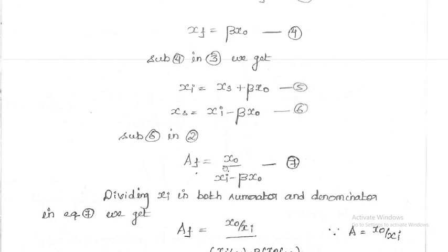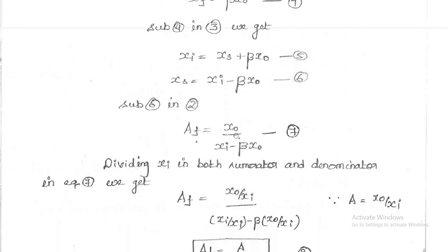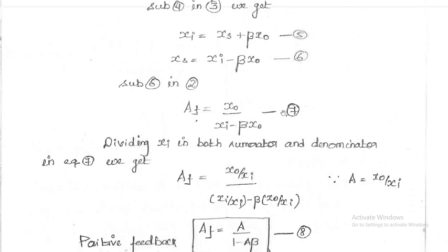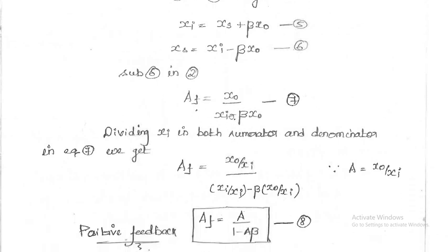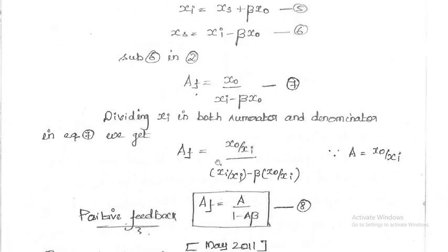So AF equal to x naught by xs, where xs equal to xi minus beta into x naught. This is the seventh equation. In this equation I divide by the term xi in both numerator and denominator. So AF equal to x naught by xi, divided by xi by xi minus beta into x naught by xi.